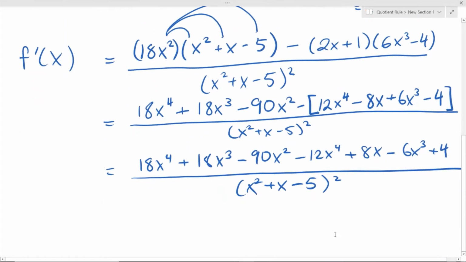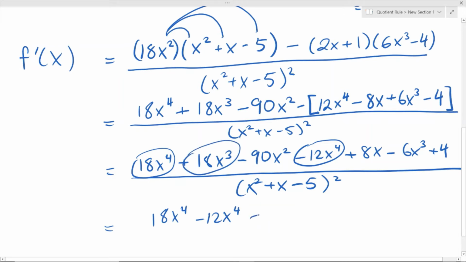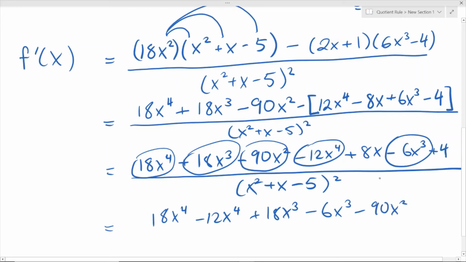And then here we can simplify this. So collecting like terms now, 18x to the exponent of 4 minus 12x to the exponent of 4, 18x cubed minus 6x cubed, minus 90x squared, plus 8x, plus 4.